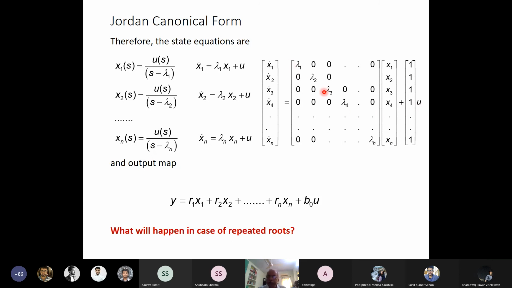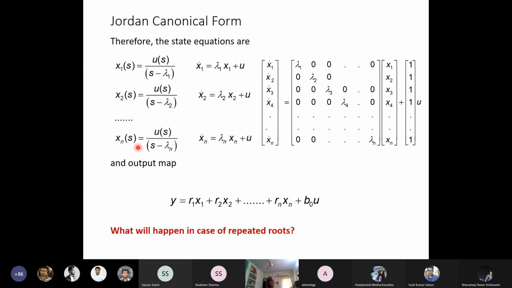Here in the A matrix, only the diagonal elements are non-zero, and the other elements are zero. The diagonal elements are basically the roots of the denominator polynomial.